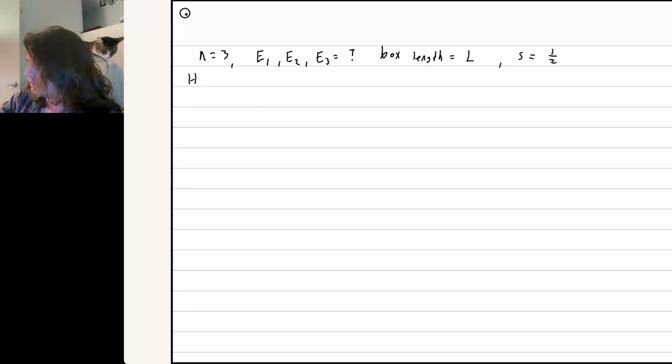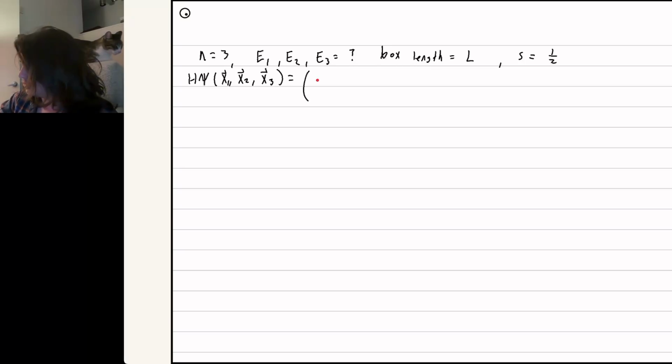We can just write the Schrodinger equation, where the wave function will be a function of the position of the first particle, the position of the second particle, and the position of the third particle.